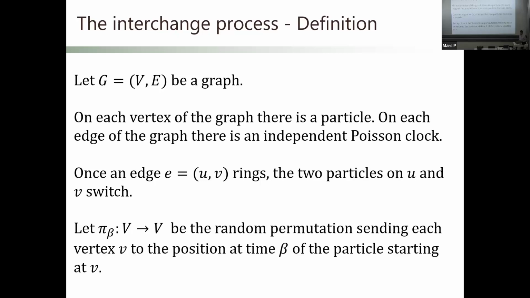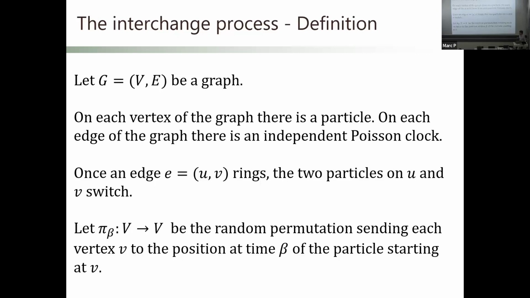Okay. So you might say, why do I want to add a graphical structure to this problem? Well, interchange processes come up in a few different areas. The first was work of Harris on exclusion processes, where it's natural to look at.